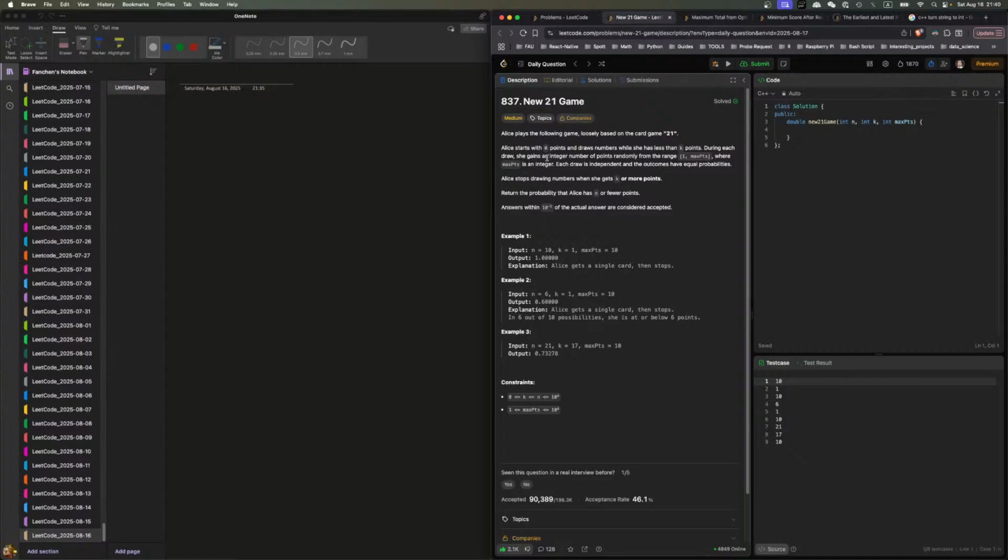During each draw, she can draw from 1 to maximum. We want to know the probability that Alice has n or fewer points. So Alice can draw when she has less than k. Okay, k is the maximum Alice can have.